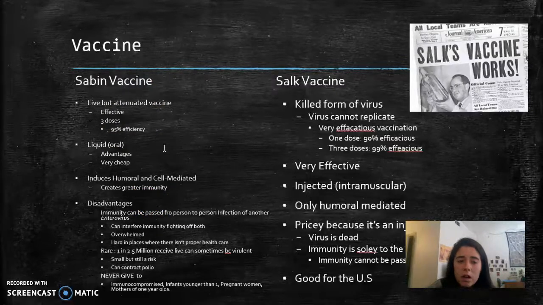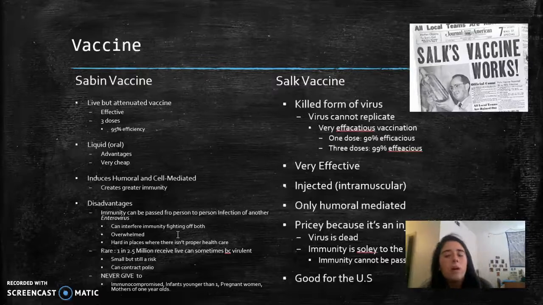However, the disadvantage is that you cannot give it to immunocompromised people like kids, elderly people, and pregnant mothers, because there's still a very, very small risk that the live virus can become virulent.